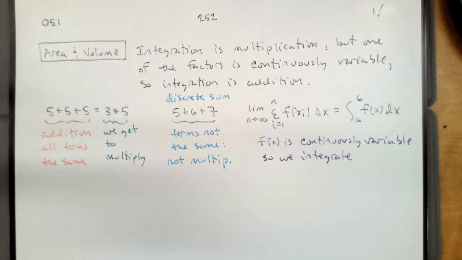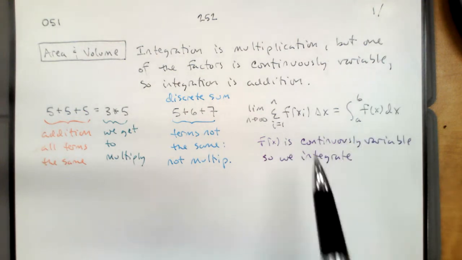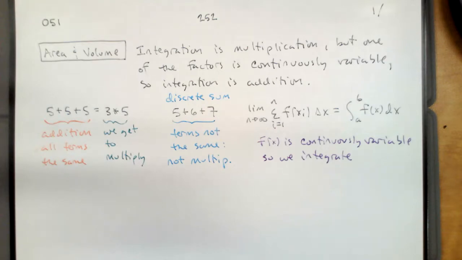But running in the background of all of our integration problems is this idea. Integration is multiplication, but one of the factors is continuously variable. And so in that regard, integration is just addition. Here's integration and here's addition, just like right on the other side, and there's an equal sign in between.